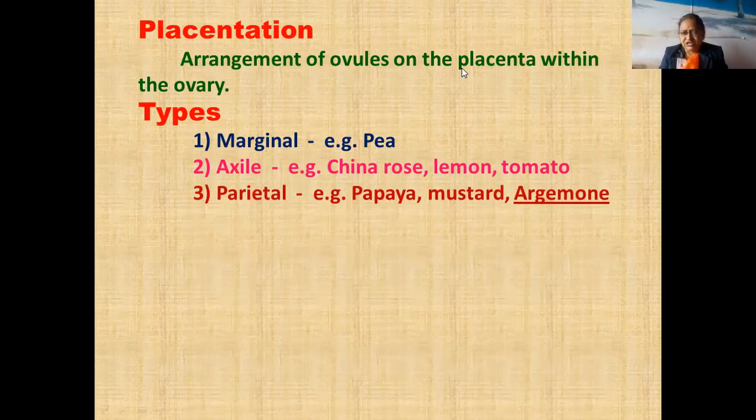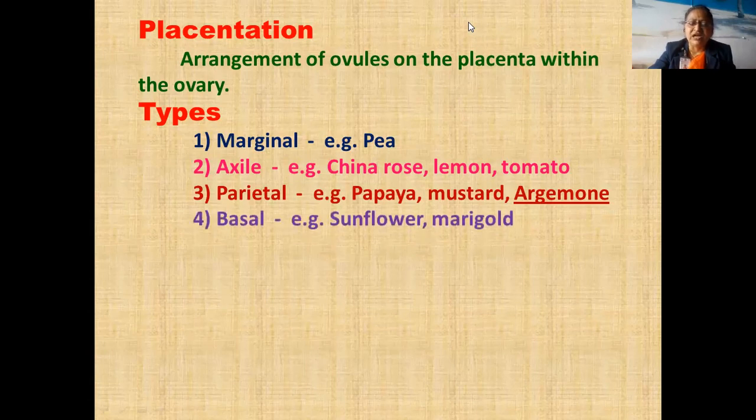Parietal placentation means ovules are arranged on the inner wall of a unilocular ovary of a multicarpellary syncarpous gynoecium. The gynoecium is multicarpellary but the locule is one. Ovules are attached to the inner wall. Example, papaya plant, mustard and argemone, the yellow prickly poppy.